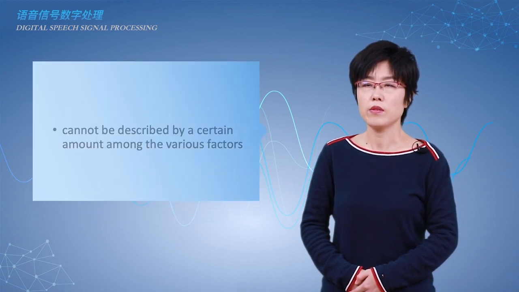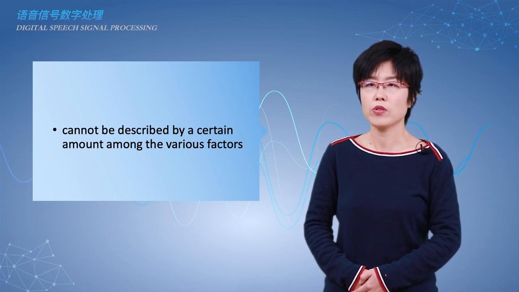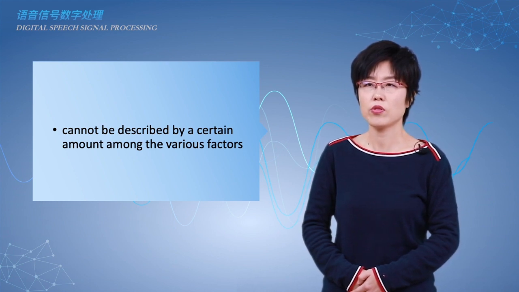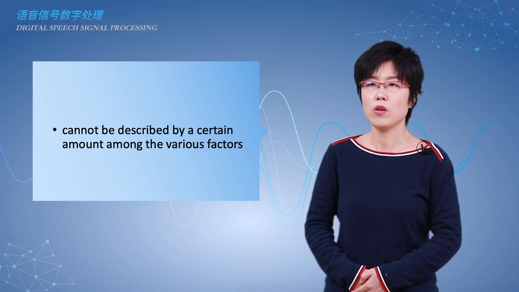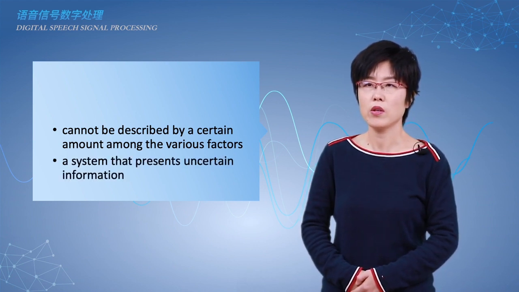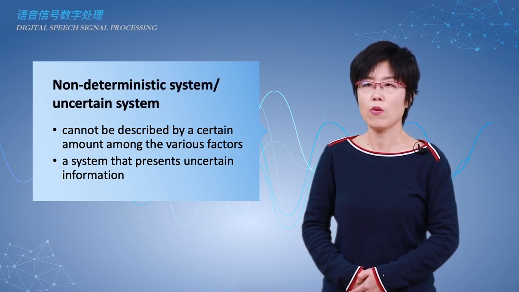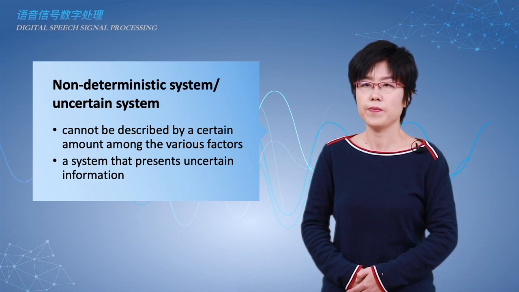A system that cannot be described by a certain amount among the various factors of the system, or a system that presents uncertain information, is called a non-deterministic system or uncertain system.